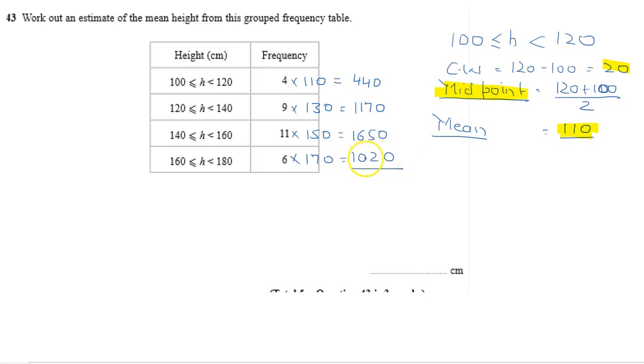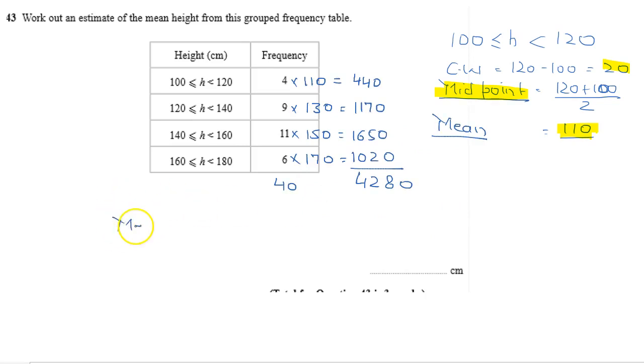You add all this and you will get 4280, and the sum of the frequency is 40.